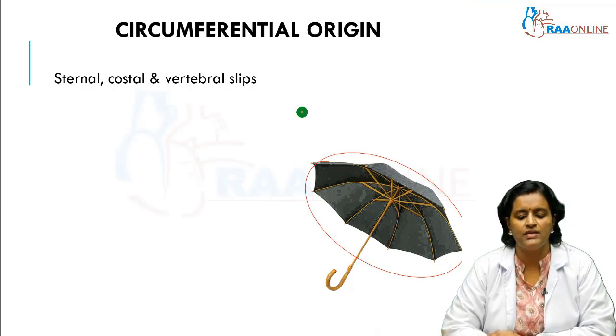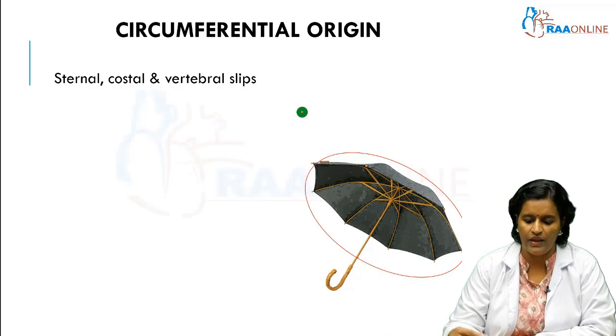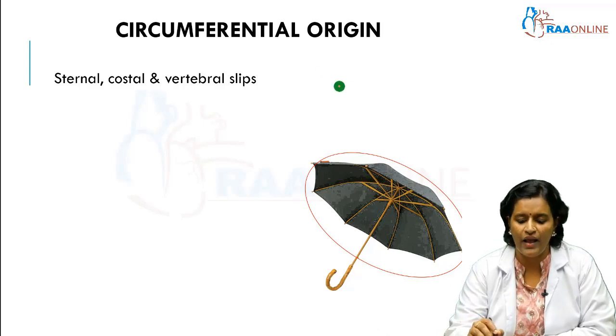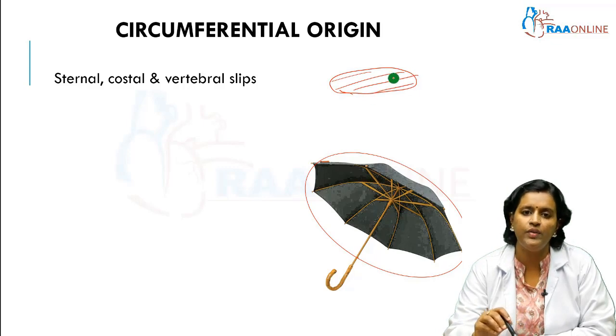The diaphragm has a circumferential origin, means as we have already seen, it is a flat muscle. And where do the fibers take origin?